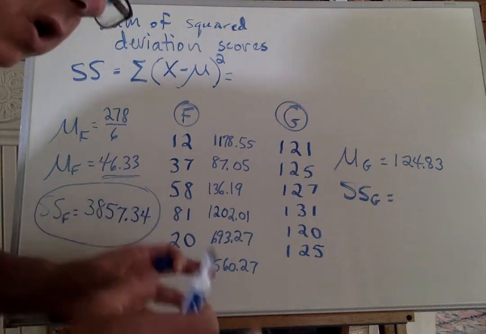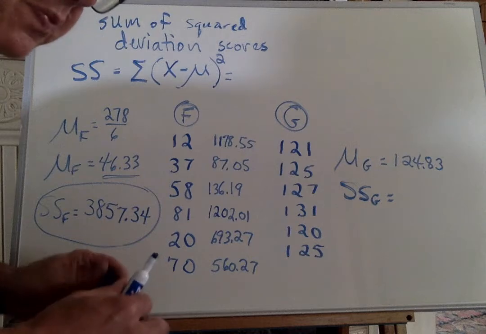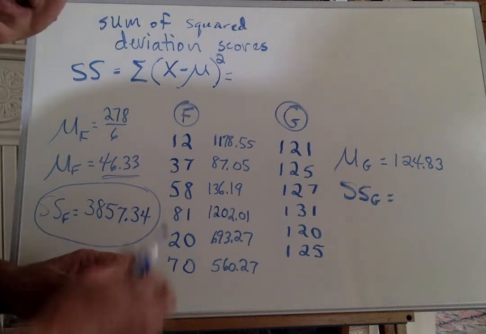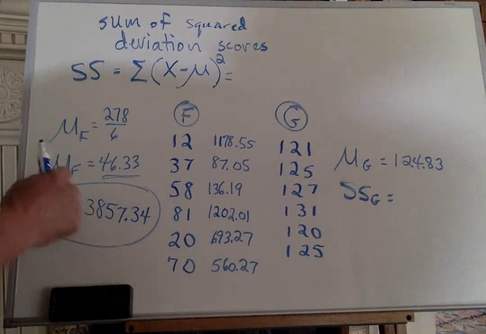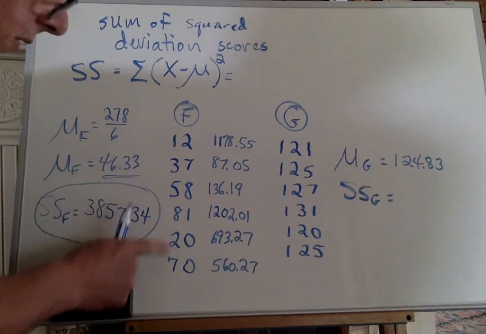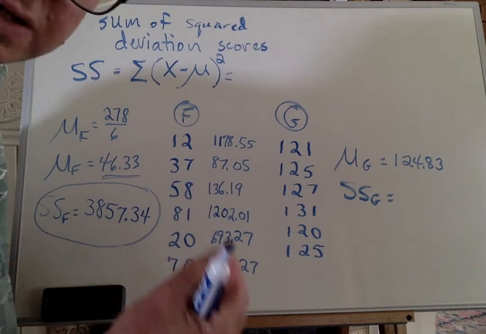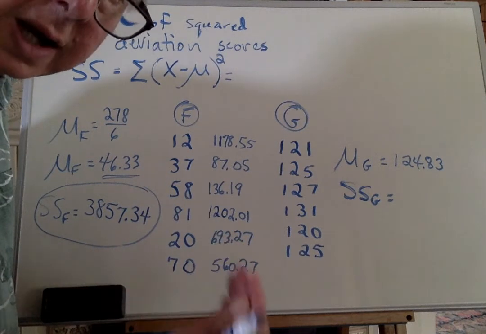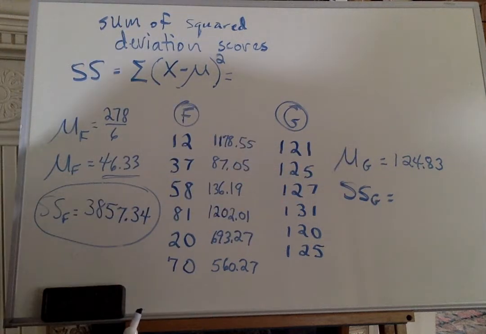Oftentimes you know when you're wrong, you just don't know if you're right, and people erroneously think that that's not helpful, but it actually is, because if I'd come up with a 107 here, I would know that that's not the average for these scores, and so it gives me a cue. I can go back and redo it. So at least this is in the ballpark.